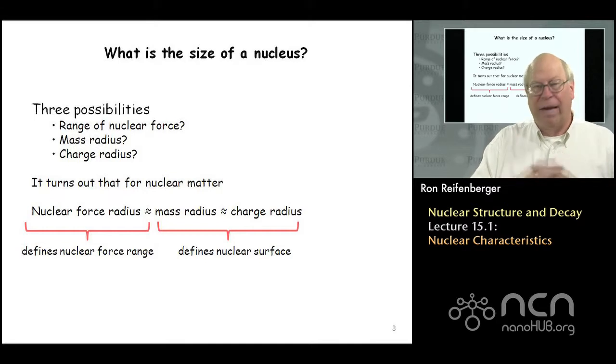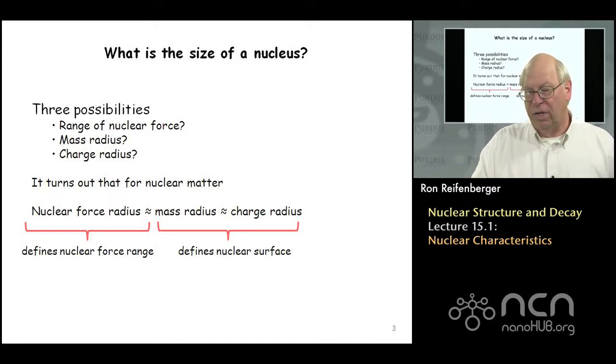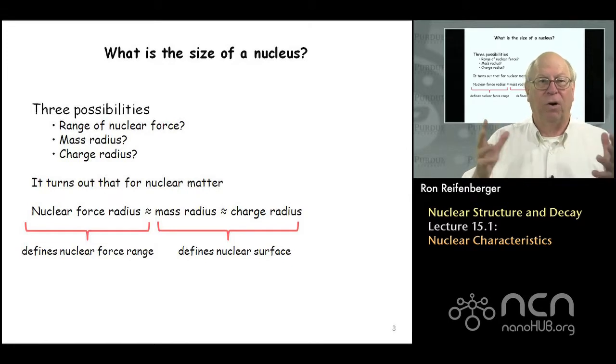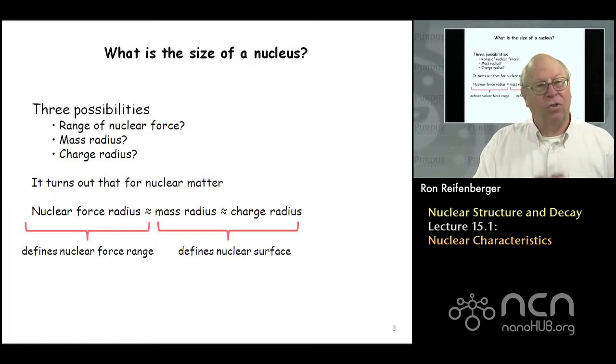We can also talk about the mass radius, in other words, what's the physical extent of the nucleus that contains the masses of the protons and the neutrons. And then there's a third possibility, which is the charge radius, because the protons are charged positive, right? There's going to be some effective radius of charge, and that's a third possibility that we can use to characterize the dimensions of the nucleus.